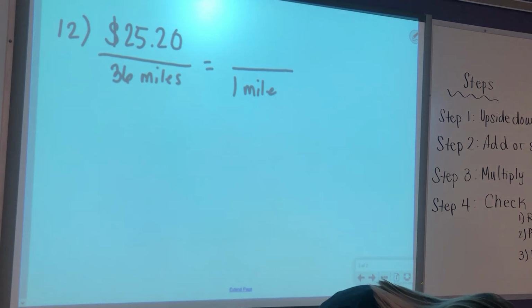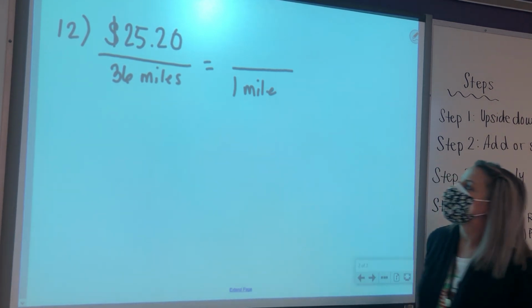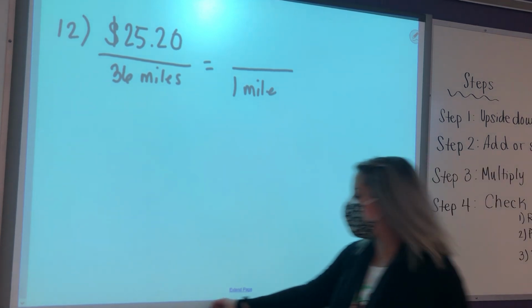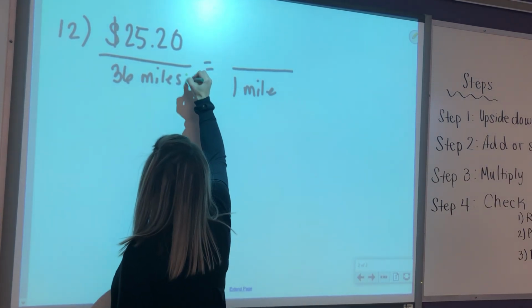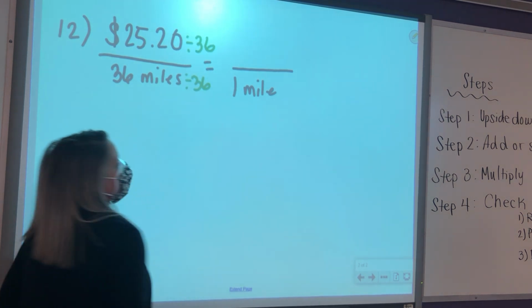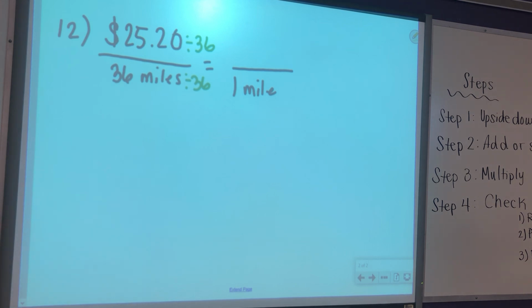How would I figure this out? How would I calculate it? Math. Very helpful. What kind of math? Be more specific. Division, very good. So we're going to divide top and bottom by 36. Why did I choose 36?